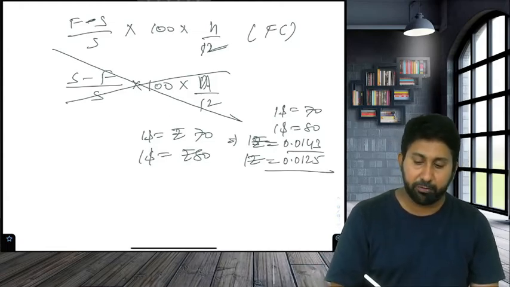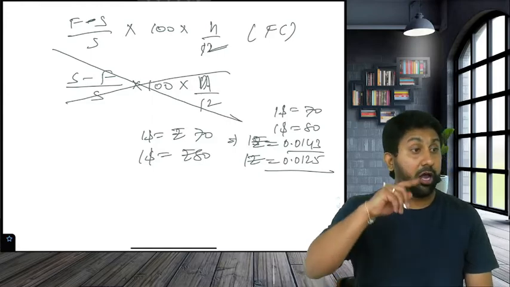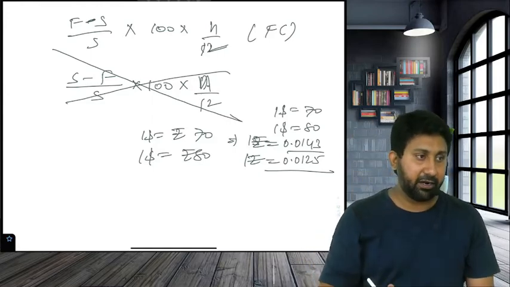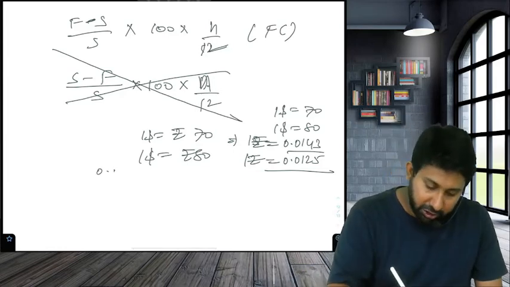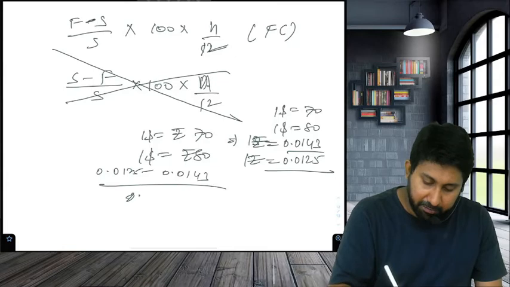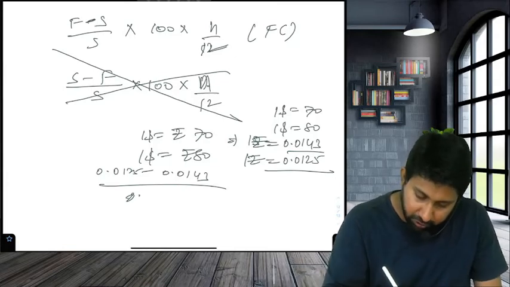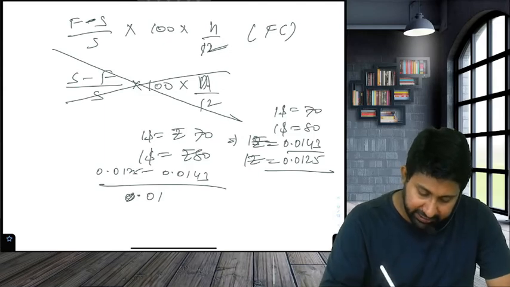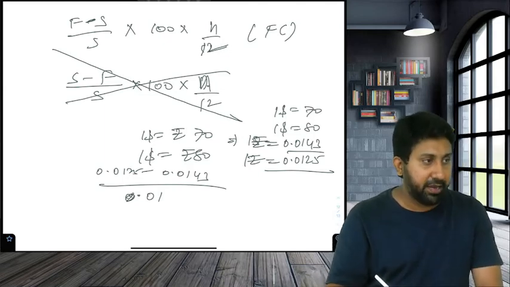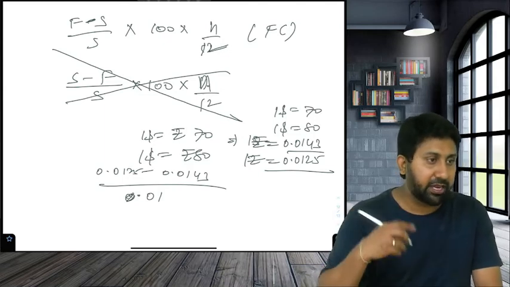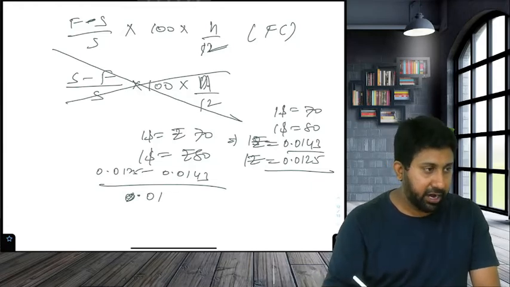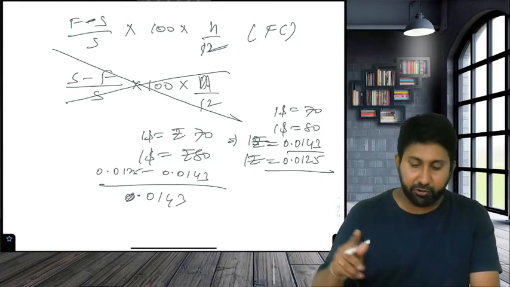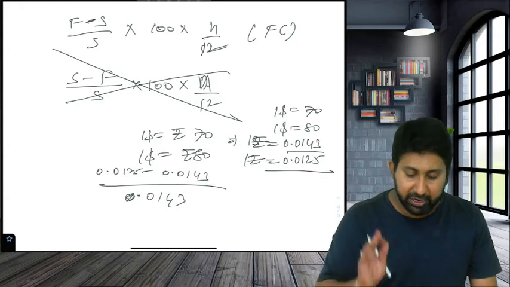And here? 0.0143. The dollar appreciated means the rupee depreciated. Automatically it will be negative. So 0.0125 minus 0.0143 divided by 0.0143, that is S minus F by S, or sometimes they take F in the denominator and calculate. You take 0.0143 into 100 and you will get a number.